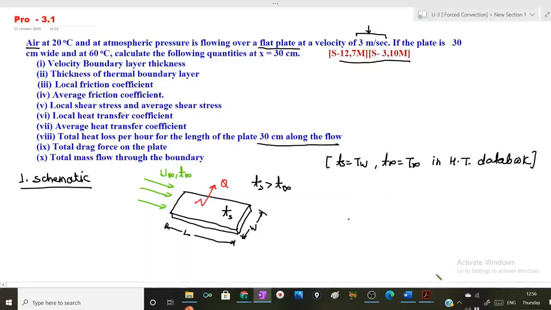Now another schematic here to understand. I am drawing the 1D view only. This is the flat plate. Okay. At surface temperature Ts.